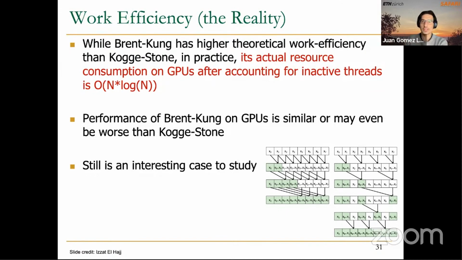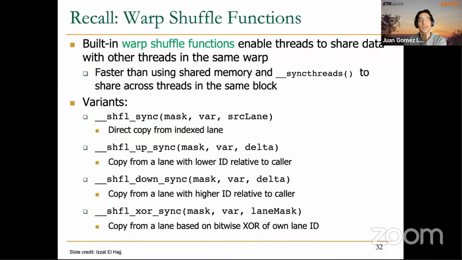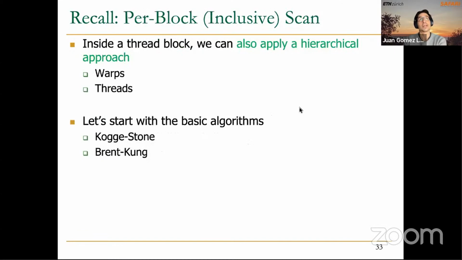So now let's continue the implementation of the complete inclusive scan operation, and remember that we said that we could also apply a hierarchical approach inside each thread block, right? Because there is also a software hierarchy there with warps and threads.